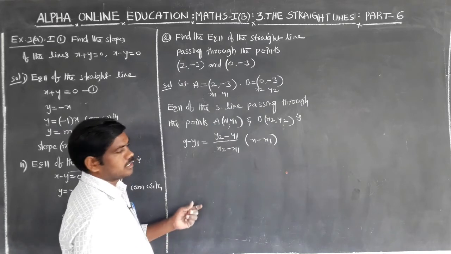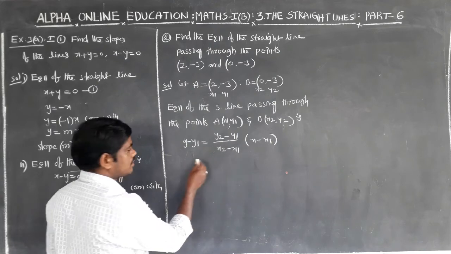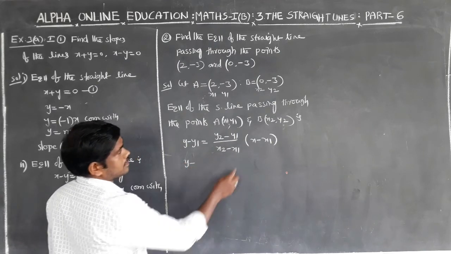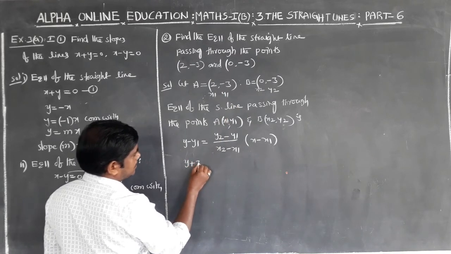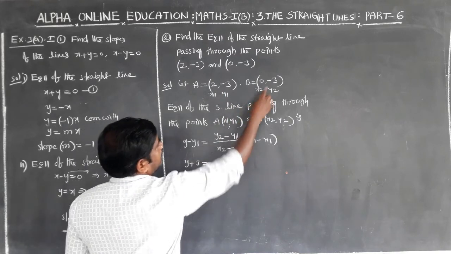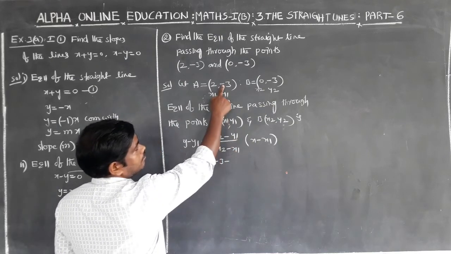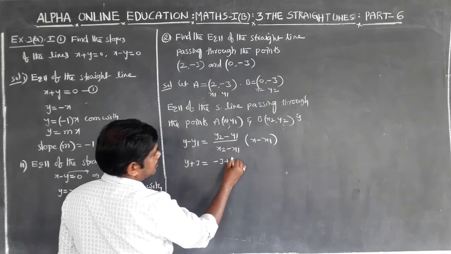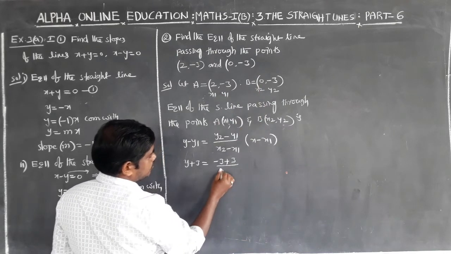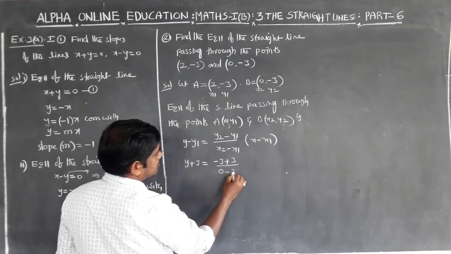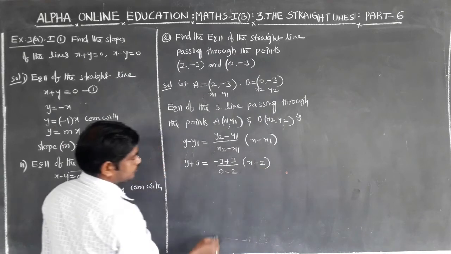Substitute the x1 comma y1 and x2 comma y2 values and simplify. Y minus y1, that is minus 3, so y plus 3, is equal to y2 minus y1, that is minus 3 plus 3, divided by x2 minus x1, that is 0 minus 2, into x minus x1, that is x minus 2.